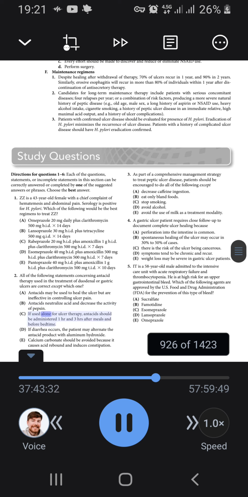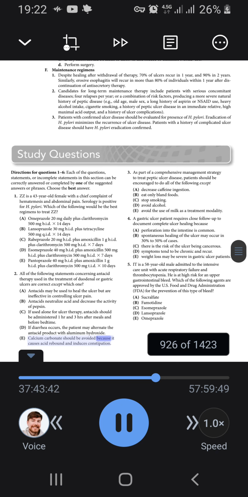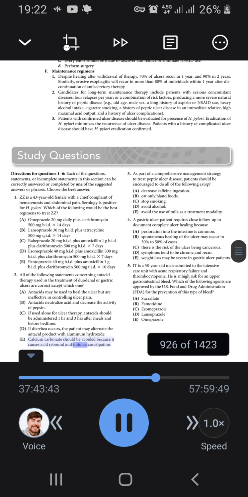C. If used alone for ulcer therapy, antacids should be administered 1 hour and 3 hours after meals and before bedtime. D. If diarrhea occurs, the patient may alternate the antacid product with aluminum hydroxide. E. Calcium carbonate should be avoided because it causes acid rebound and induces constipation.